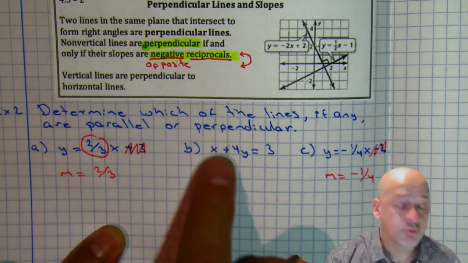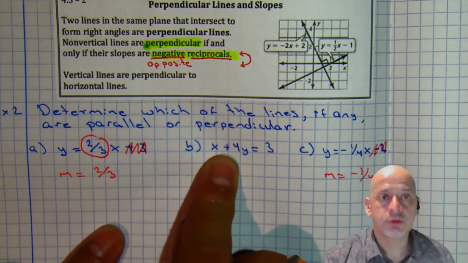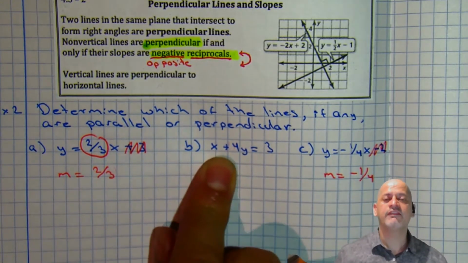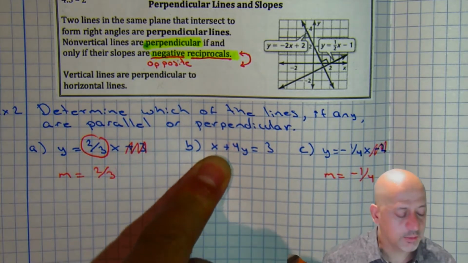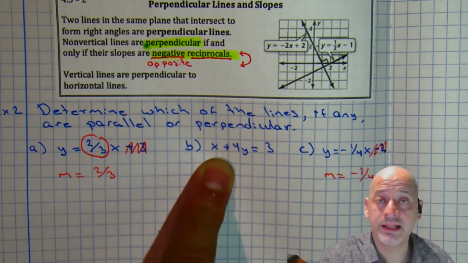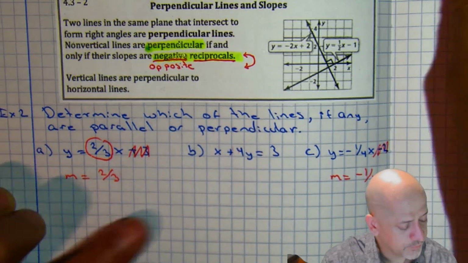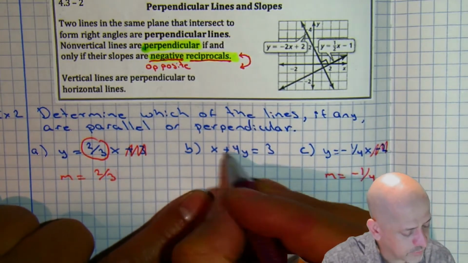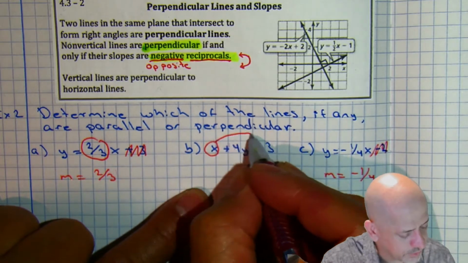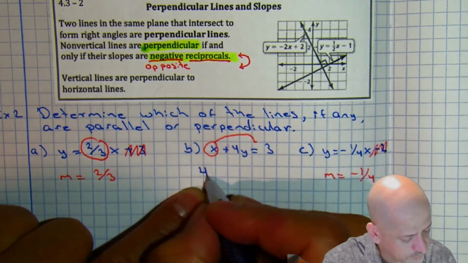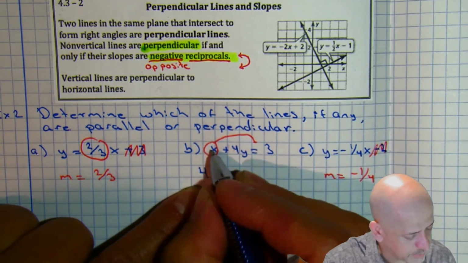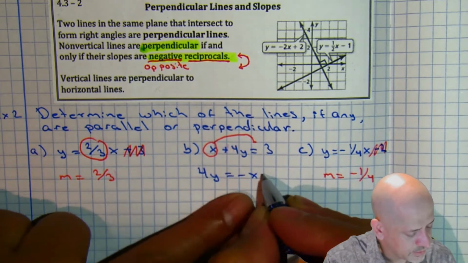And now I need to be able to find the slope for this line. So who can tell me, how can I find the slope for this line? Correct. You need to be able to solve for y. You need to leave the y by itself in order to find the slope. So therefore, to leave the y by itself, I'm moving that x to the right and it becomes a negative. So that gives me 4y equals negative x plus 3.